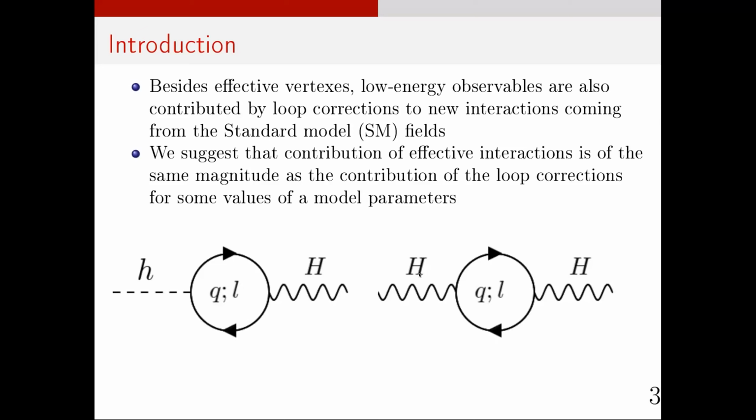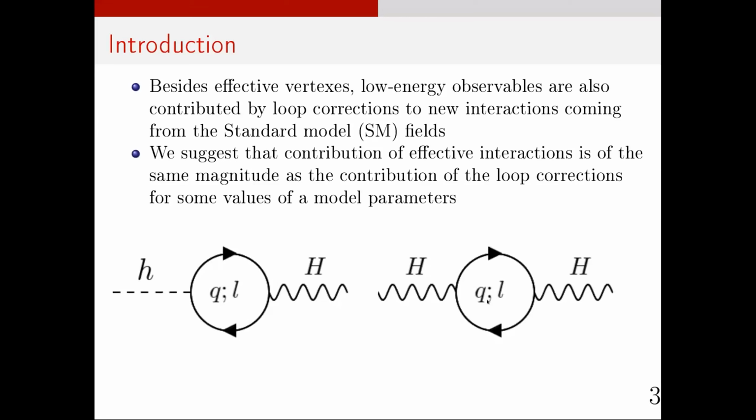We'll also have contributions to the mass of the heavy scalar field, also via interaction with the standard model fermions. And there could also be interactions with some heavy fermions which do not belong to the standard model.